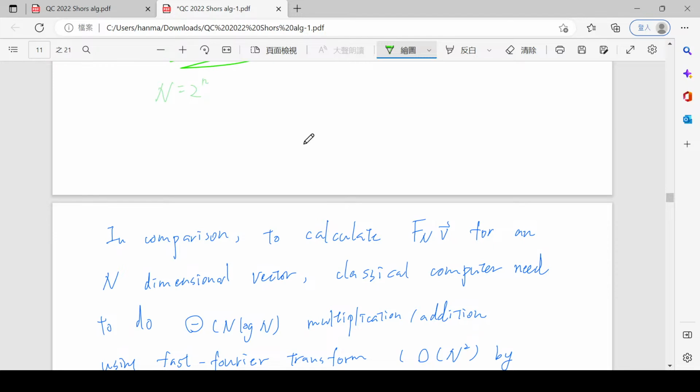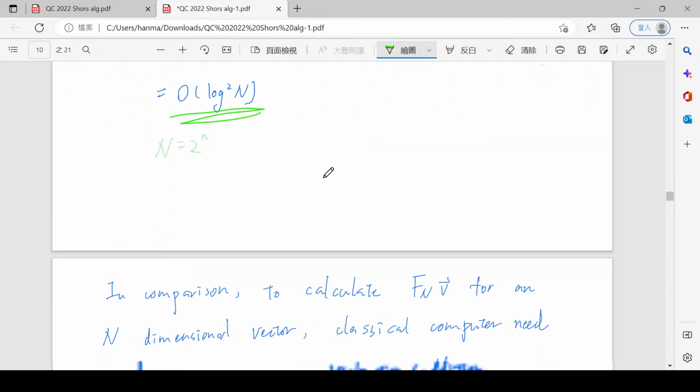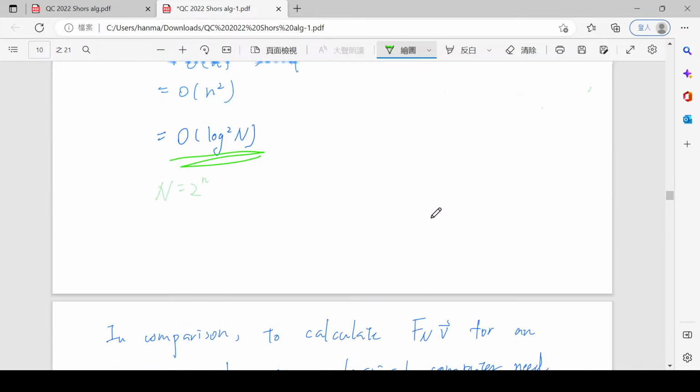And how efficient is this? So let's try to compare this to the classical Fourier transform. What do we want to get? We want to have some starting vector v, and we want to compute what happens when you apply the Fourier transform to it.